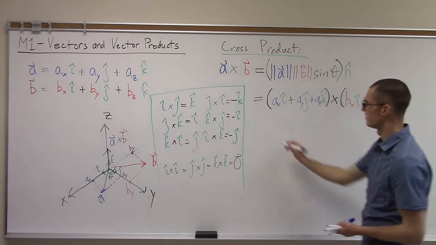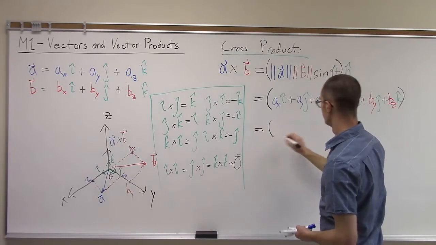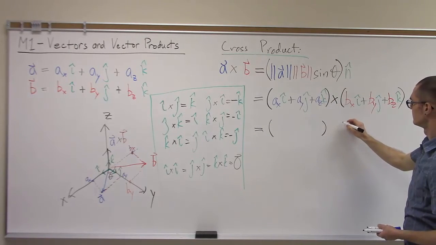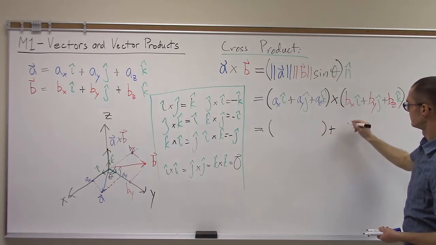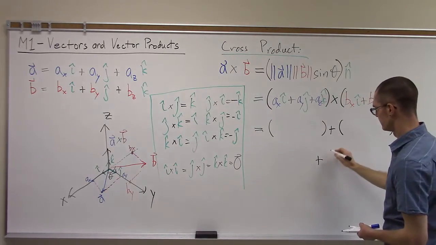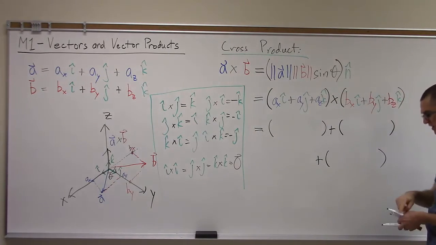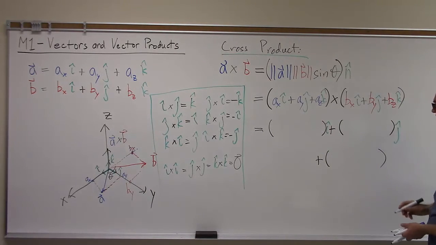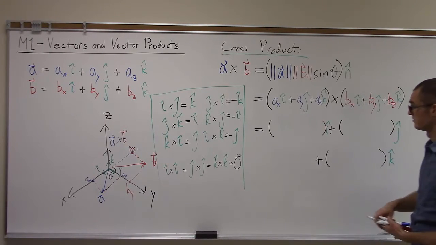If you expand all of that out, we'll look at what each of the components are. This is going to be the x component in the I direction, the y component in the j direction, and the z component in the k direction.